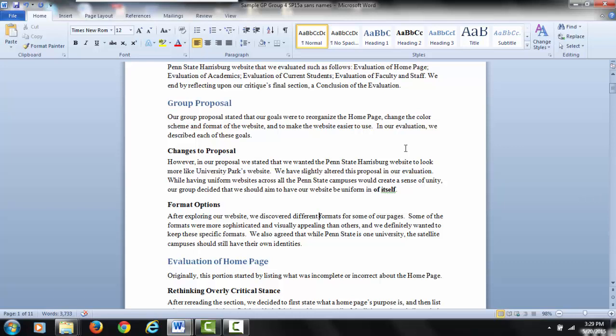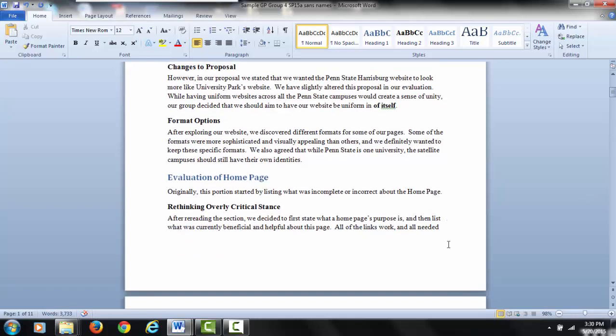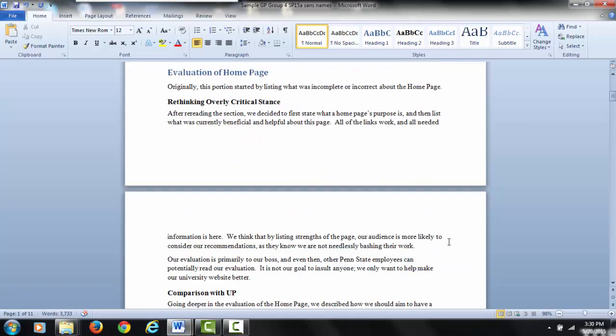The remaining sections of this cover memo, however, detail out the rhetorical choices and strategies employed by each individual section of the group's actual critique memo, and follows the logical pattern by discussing each major memo section of their document and critique one by one. In the first section, they look at the evaluation of homepage section.